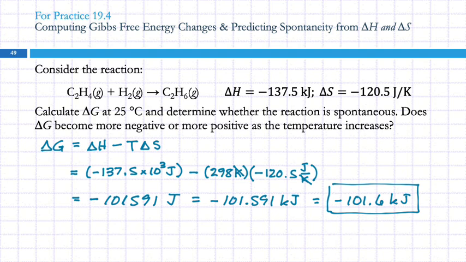Delta G for that reaction. Is it spontaneous? Yes. Delta G is negative. It is spontaneous. So any questions about that part?